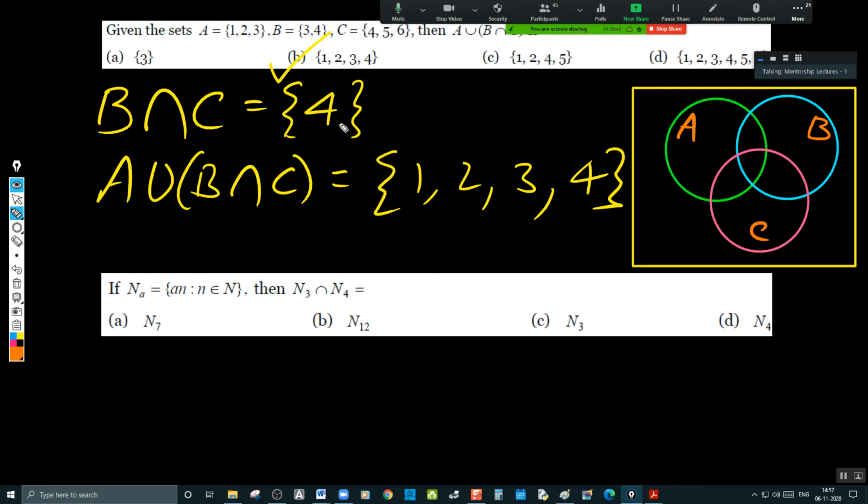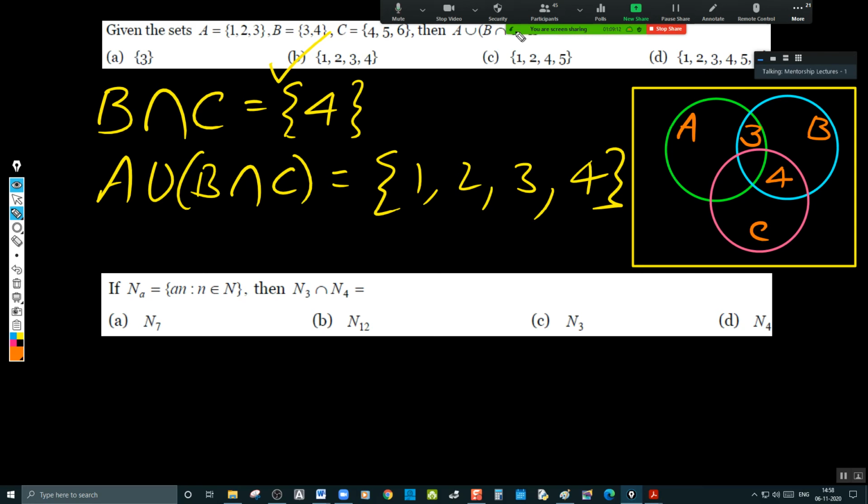B intersection C is 4. This is 4 here. B intersection C is 4, common to both. And A and B have the common element 3. You see that?